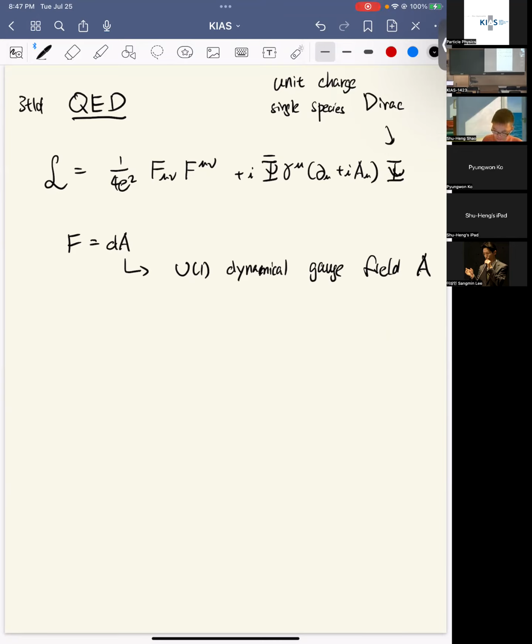It can be generalized, and the symmetries will be even more interesting. Now in QED, there's a classical symmetry, the classical chiral U1 symmetry, which acts on the Dirac fermion in the following way.